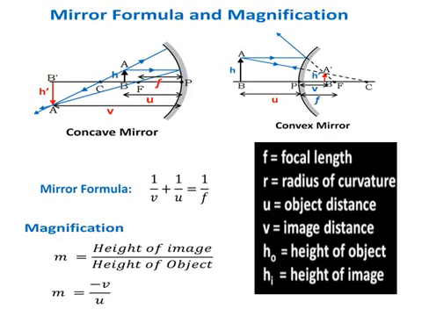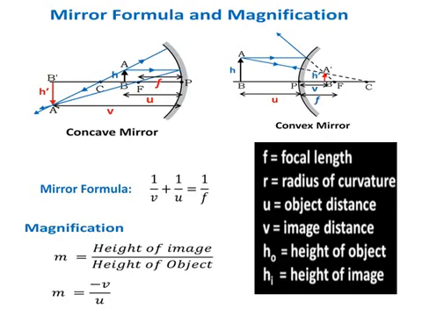And magnification is a term which refers to how large an object is being magnified or diminished. Magnification is given by the formula height of the image divided by height of the object.